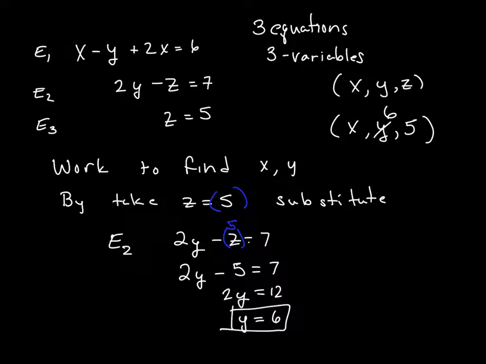All right, now that I know what both z and y are, I can go back into equation 1 and substitute back in those two values. So equation 1 is x minus y plus 2z. Oops, let me go ahead and fix that.